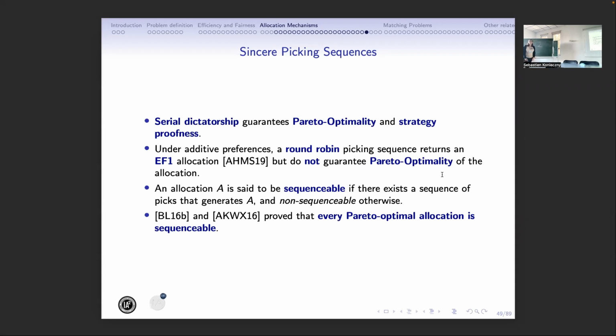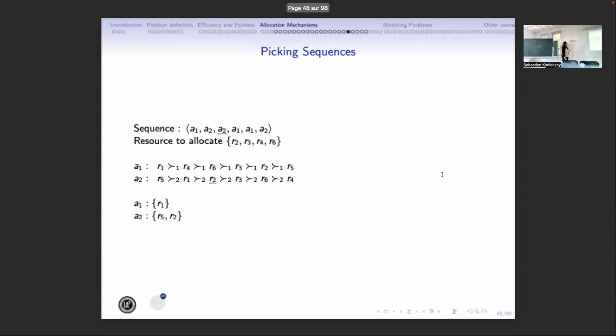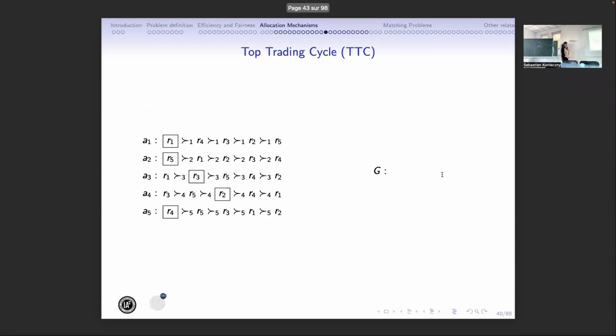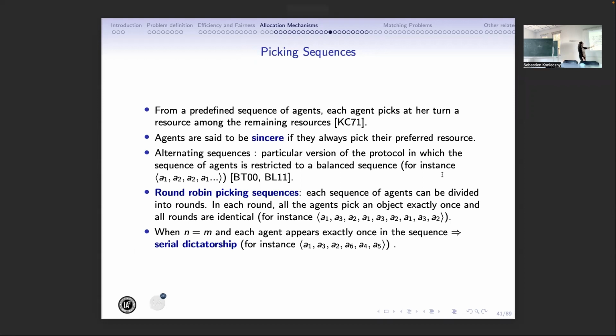So we have interesting guarantees about the picking sequences. In the case of the serial dictatorship, we can guarantee Pareto optimality and strategy proofness. Serial dictatorship, if we come back to the definition, is when we have the same number of agents as the number of items.